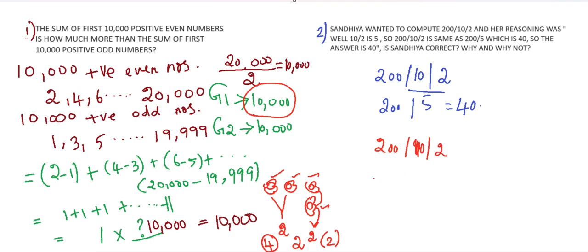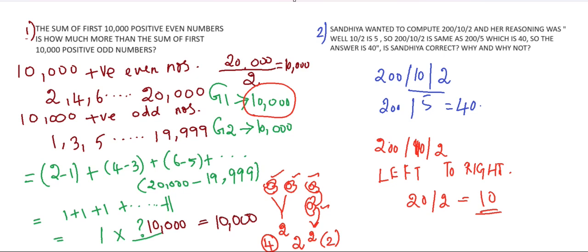The computation of the division should be carried out from left to right. So 200 divided by 10 will give you 20. 20 divided by 2 will give you 10. So the correct answer to this question is 10 and it is not 40.